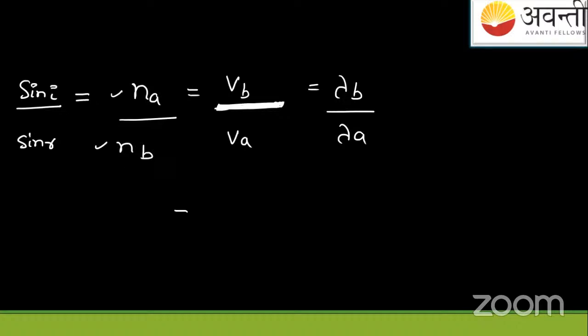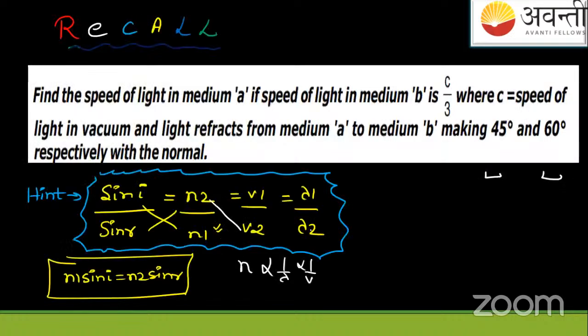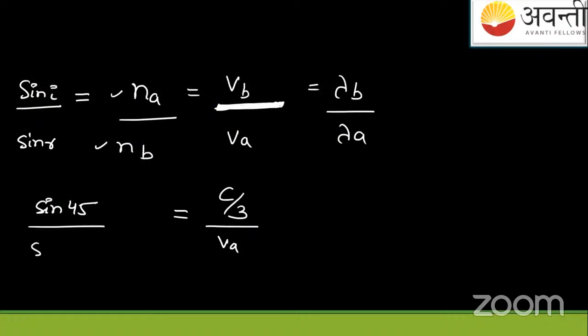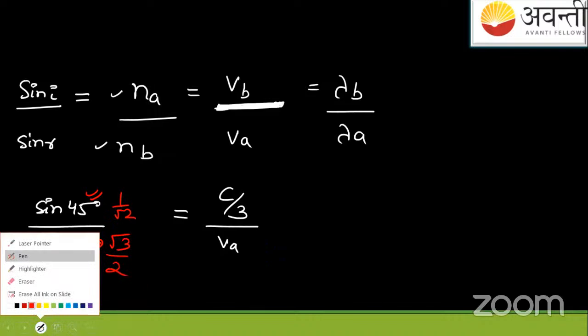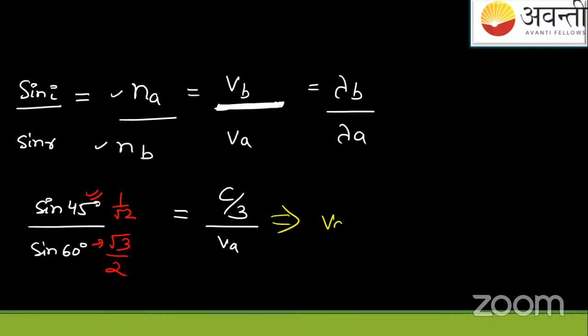So now we'll connect the velocities. Putting here sine I as 45 degrees, you keep the velocity for it, VA. VB we know is given here as C by 3. And sine R is 60 degrees. We know the values connected with these. What is this? 1 by root 2. And this is root 3 by 2. If you solve this, you'll get VA equals C by 3 times root 3 by 2 into root 2.